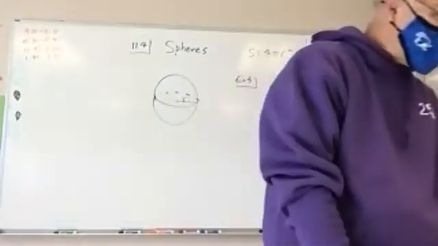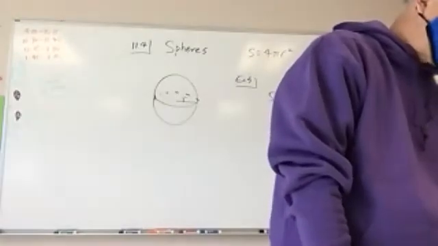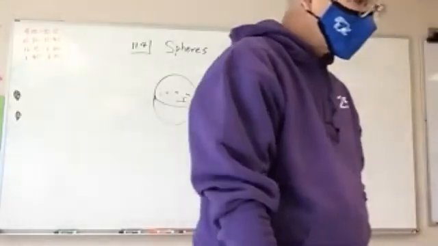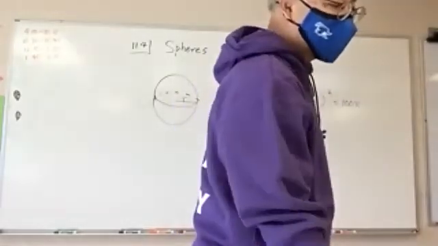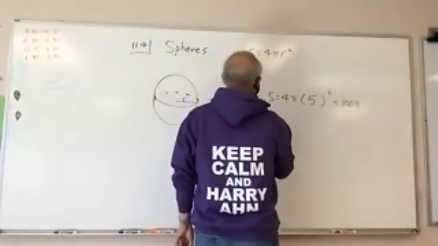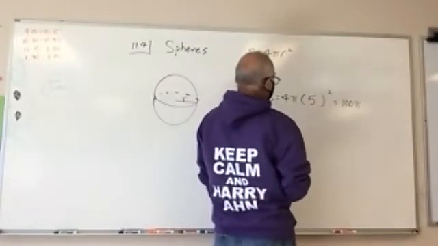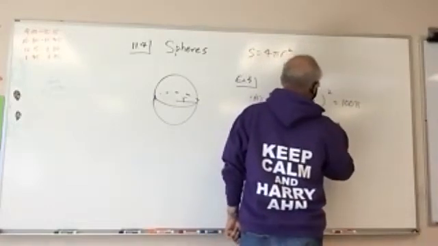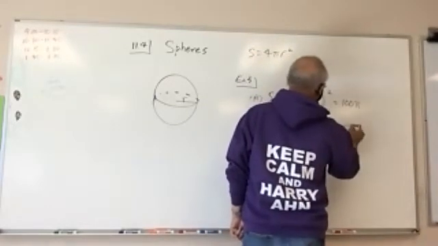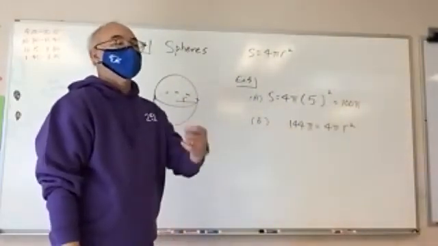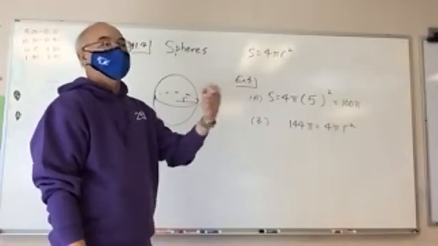So that was A. B: find the volume of a sphere with a surface area of 144 pi. From the 144 pi, I have to find out what the radius is. This was the surface area, and this is 4 pi r squared. I need the radius in order to find the volume.